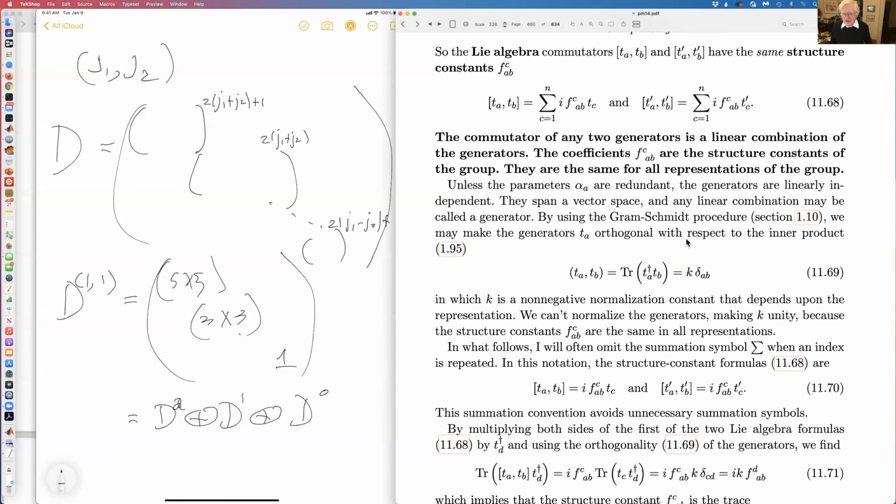And then when you have a vector space, you always can find the linearly independent vectors. You can make them orthogonal by one procedure or another. The standard procedure is the Gram-Schmidt procedure. And so you say, well, the inner product of two generators, we're going to define it to be the trace of T_A adjoint T_B.